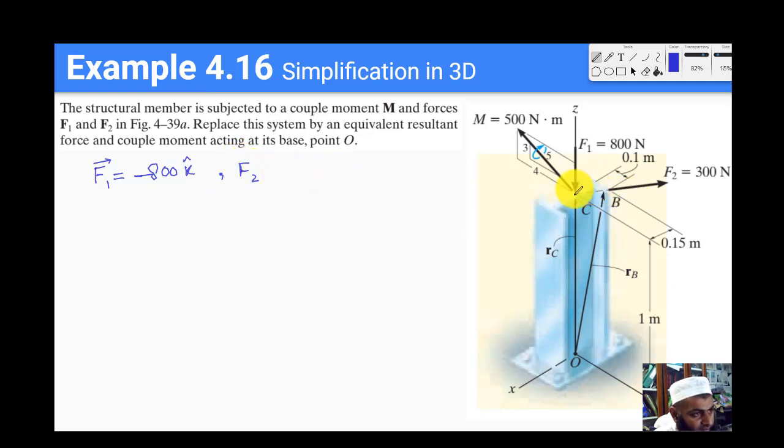is acting along this position vector, where this is 0.1 and this is 0.15.